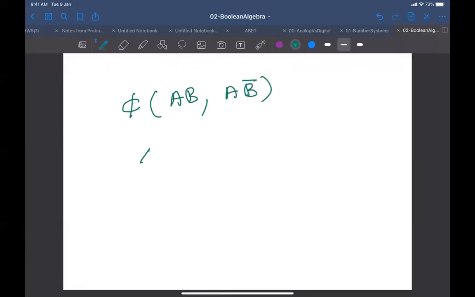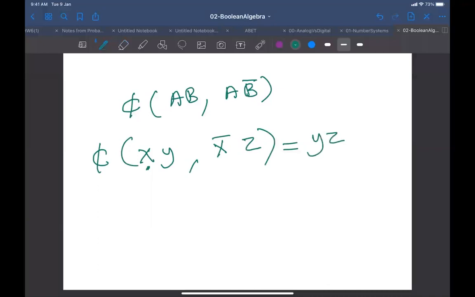Remember, the consensus theorem says x times y, ORed with, now we have x here, we must have x complement here in the other term, z. So the consensus of these two, if I want to write it down like this, will be equal to yz. So what is the consensus here?